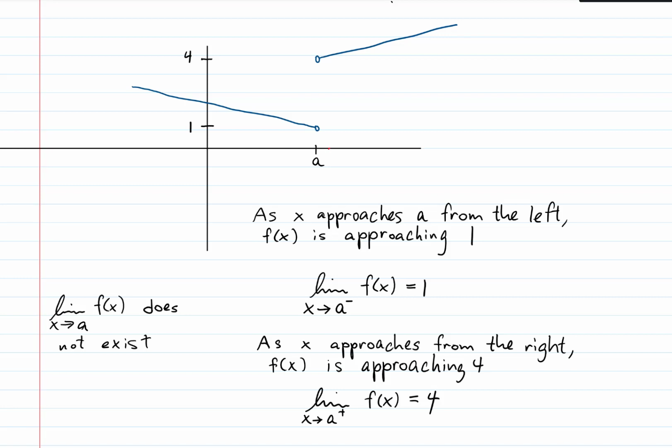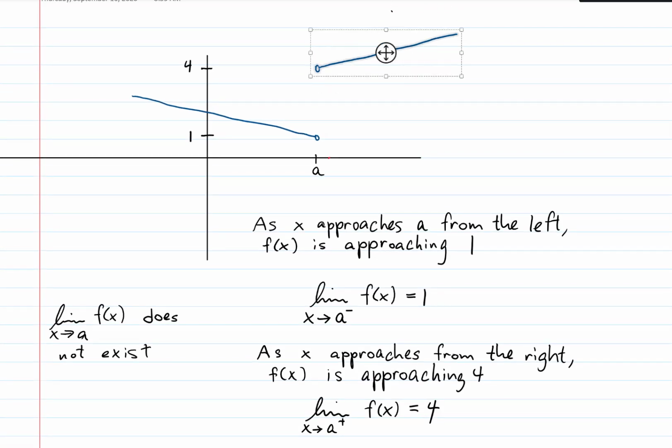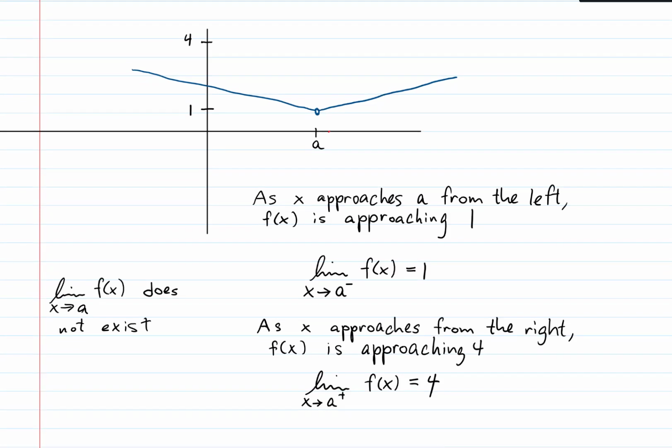Okay? Now, for the sake of argument, let's take this piece here and let's move it down to match up there. Okay, in that case, what I've written down there about the right-hand limit, that would be a 1 also. And in that case, the limit would be 1.